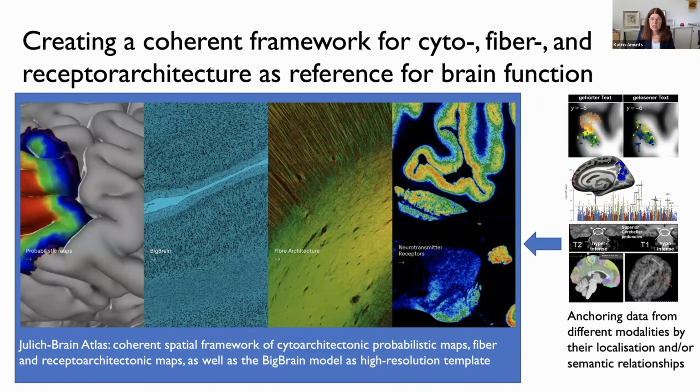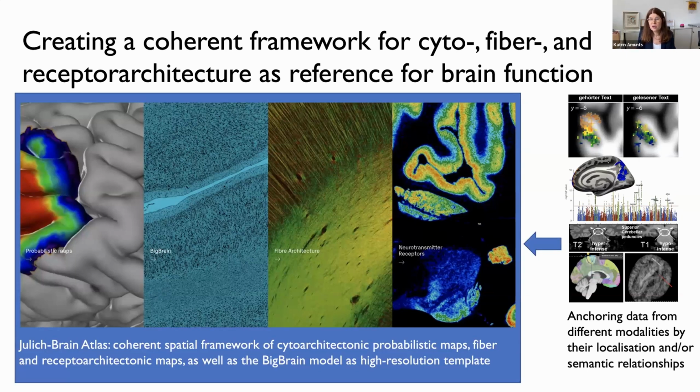And within these modalities, we always precisely know what the area is. We always know for a receptor architectonic region, what is the cytoarchitectonic area that is behind. And we also know it for the fibers. So here we can really be very sure that we talk about one and the same area.